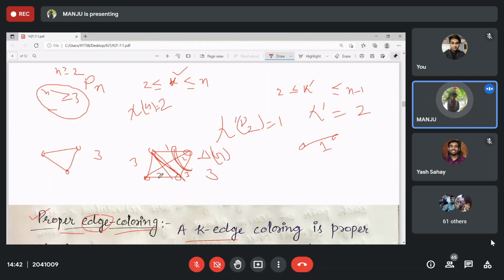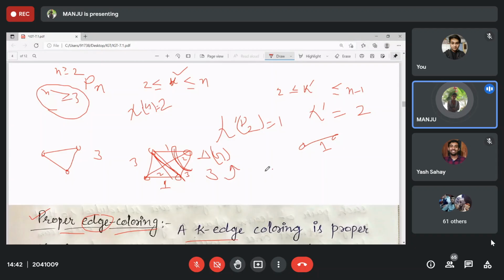What about this one? 1 you can use. So how many colors does a proper coloring need? 3, right? And 3 is delta G. Clear?